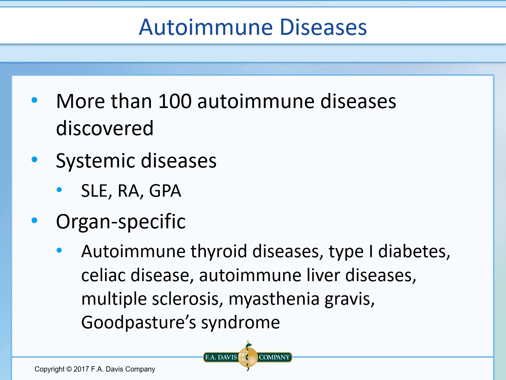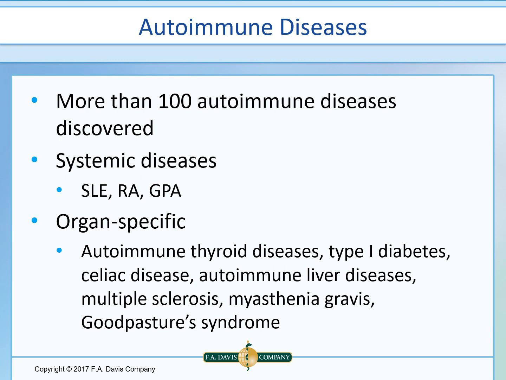There are over 100 autoimmune diseases that have been discovered, and as mentioned previously, they can be directed against a particular organ or involve pathology throughout the body. Examples of some systemic diseases include systemic lupus erythematosus, or lupus, rheumatoid arthritis, and granulomatosis with polyangiitis, also known as Wegener's granulomatosis.